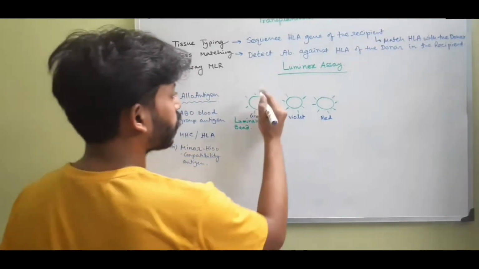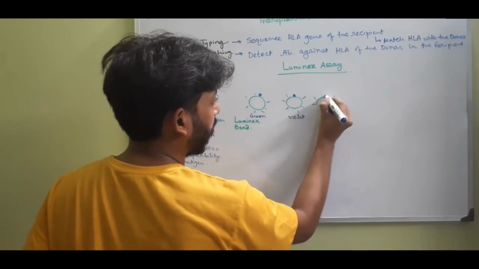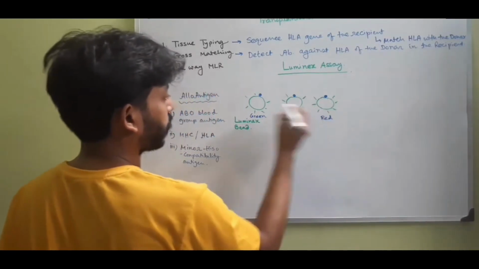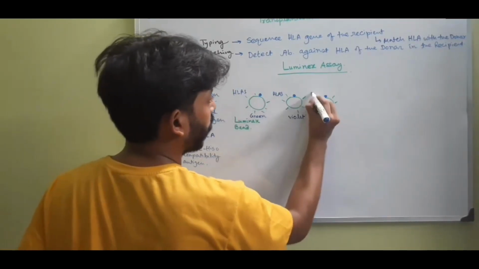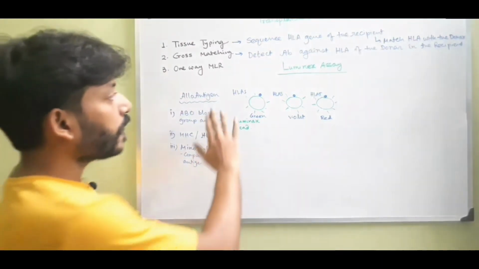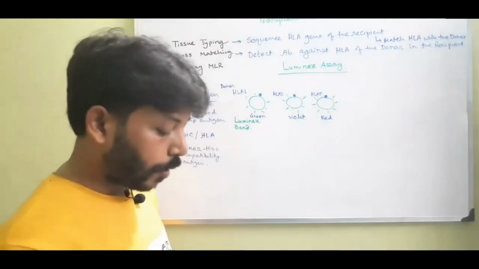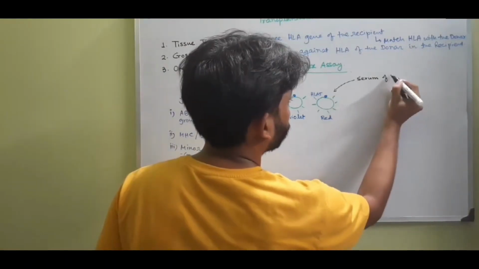So suppose this donor has 3 types of HLA. Let's suppose they attach the HLA to these Luminex beads. Let's suppose this is HLA1, this is HLA3, HLA5, any HLA antigen. This is the donor HLA. Now they put the antibody or serum of the recipient.